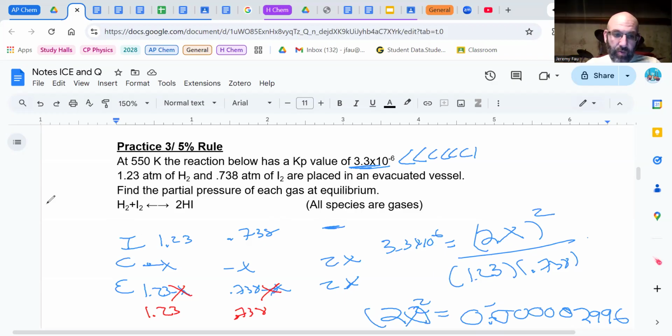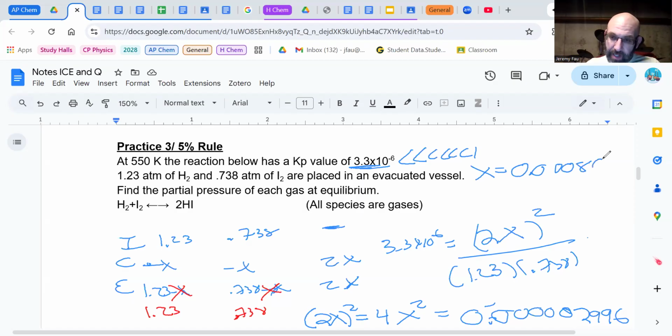If we distribute that squared in, it was originally this, now it's that. So we divide both sides by 4, and then we take the square root. And it turns out x is 0.00086.